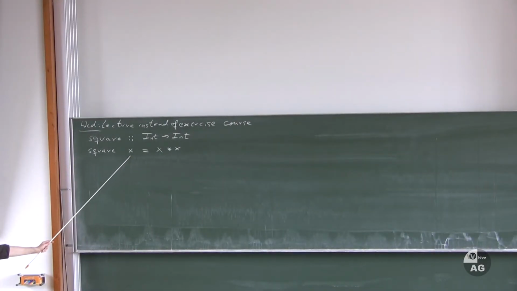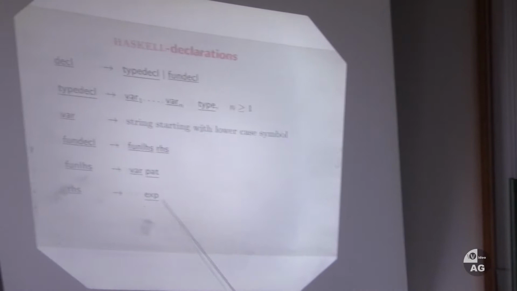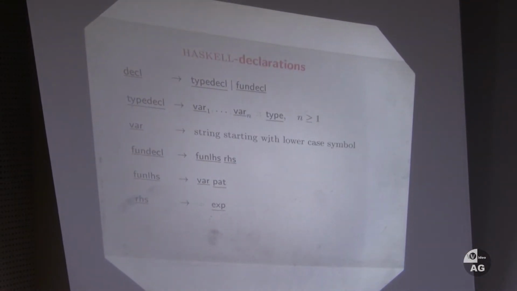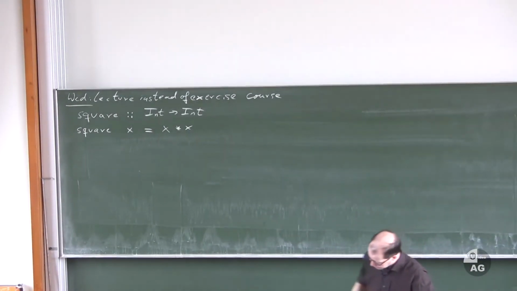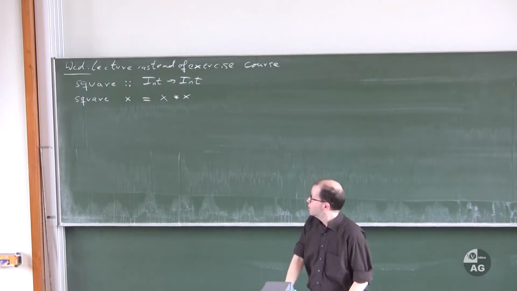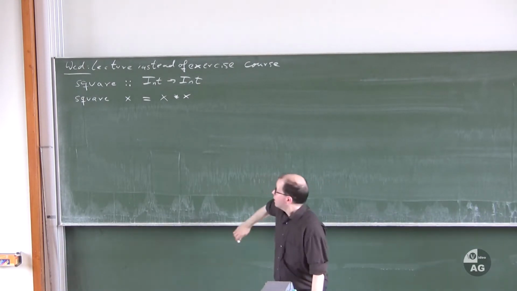So any integer is allowed here. And the right-hand side consists of an equality sign and some expression, for example, this expression over here, which is built from the variable x and the predefined operation times. Okay, so this is what we had in the last lecture.